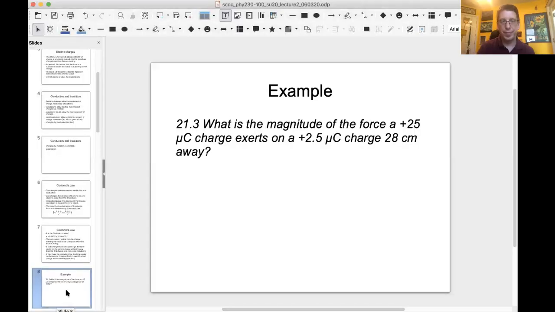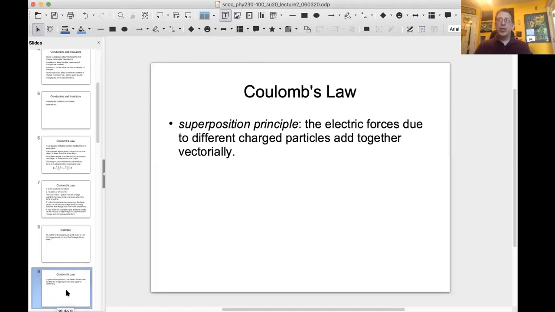So getting back to the lecture. The electrical force obeys what's called the superposition principle. The electric forces due to different charged particles add together vectorially. If you have multiple charged particles exerting force on another charged particle, you need to add the force vectors together to get the resultant force acting on that object.